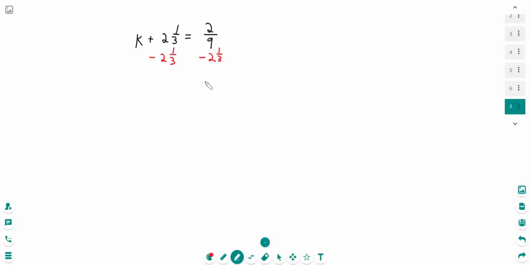And notice how I'm setting this up. There are multiple ways that you can do this on your paper when you solve these problems. This is probably, in my opinion, one of the better ways. It doesn't work quite so well for fractions, but like in the previous problem, I think this is a good way and something that you should try to get used to.